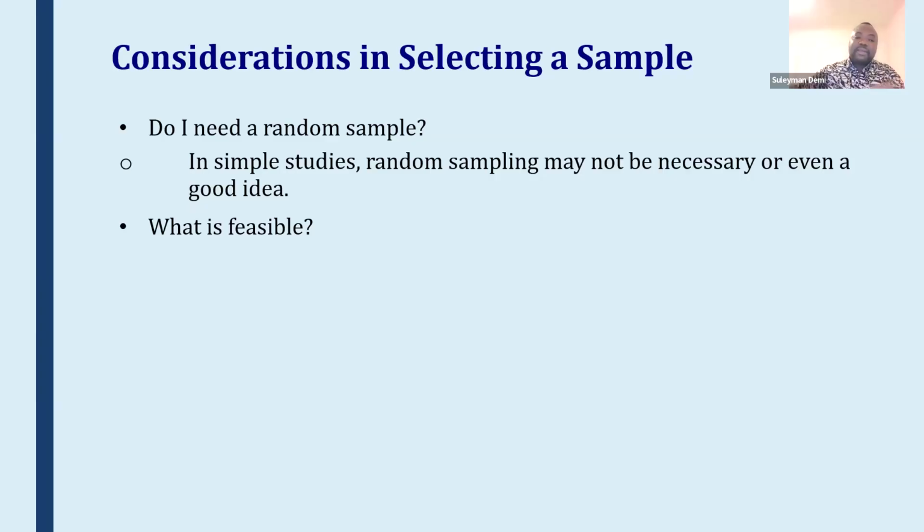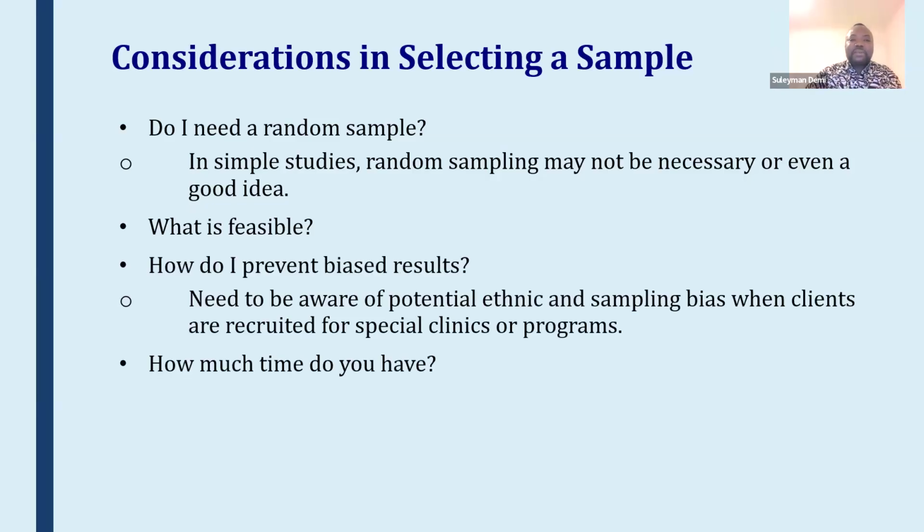Anyone? What are some of the factors that will help you to decide? Maybe the method you decide to use. Wonderful. Excellent. So, for example, if you are using a qualitative method, you don't need random sampling, right? So, you don't need that.